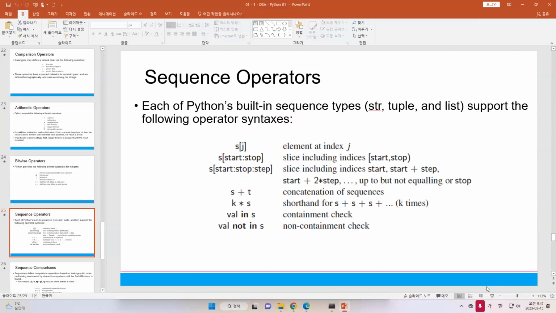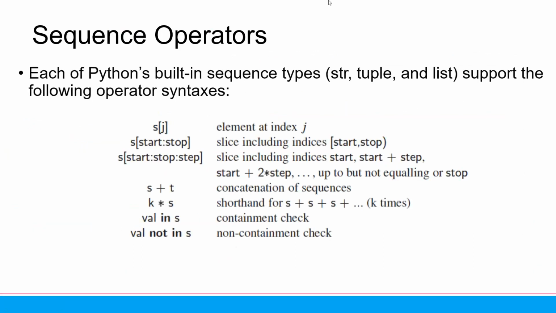So that's the meaning of J, it means the index J. And then we have start and stop, with the colon between the start and stop. If we have the start and stop and one more, it is about the step. So how many steps you want to check the elements.